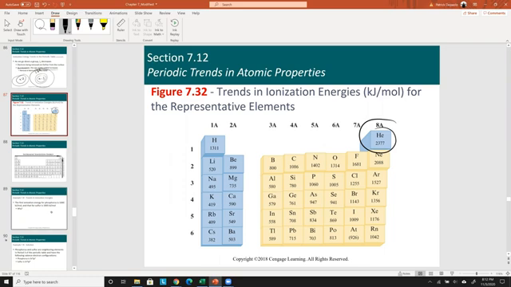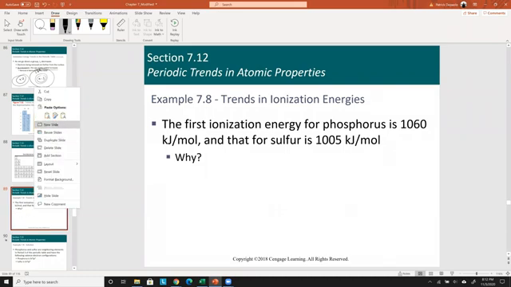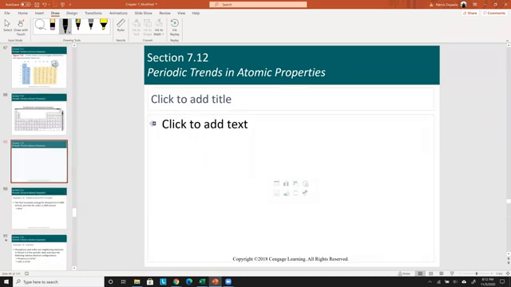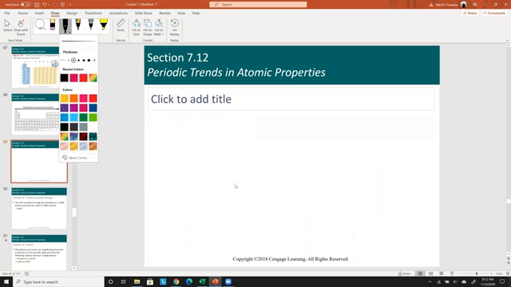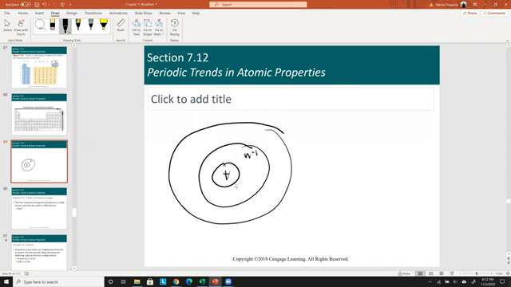So let's look at an example. Let's do an example before we talk about the exceptions. This is important as well. Okay, so we have a positive nucleus, n equals 1, n equals 2, with 1, 2, 1, 2.